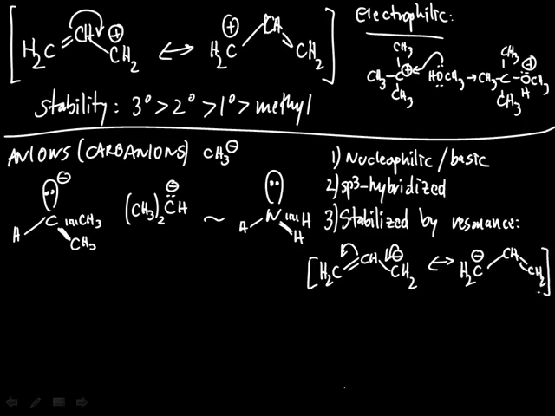Now, to illustrate their basic properties, the methyl anion will react with ammonia, and this is just a different way to write ammonia. This acid-base reaction will generate methane, a weaker acid, and amide, a weaker base.